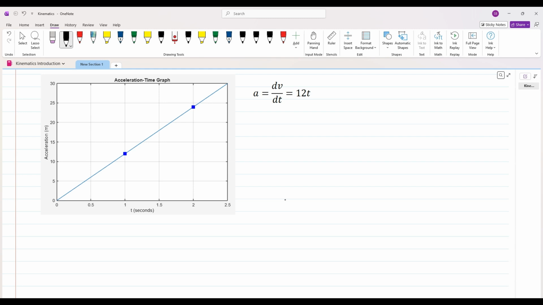Now we have our equation for the acceleration of the object, and we can now look at its corresponding graph. Again, we have marked the points at 1 second and 2 seconds. We see that the acceleration is increasing at a constant rate.